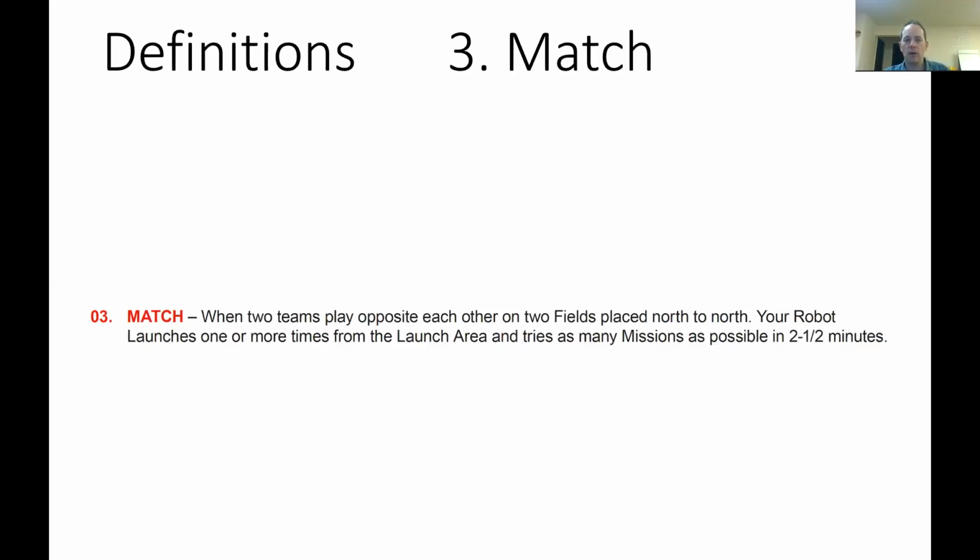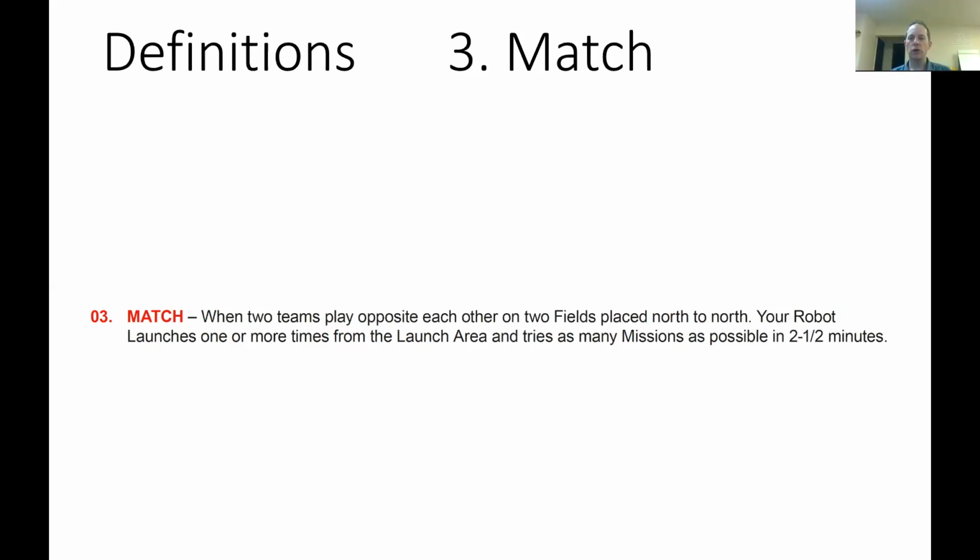The match. So when two teams play opposite each other on two fields that are placed north to north. When you're looking at your table, you basically have half of a competition setup. In a competition, there will be another table that's rotated 180 degrees and is facing yours, with the far side of the table facing the far side of the other table.